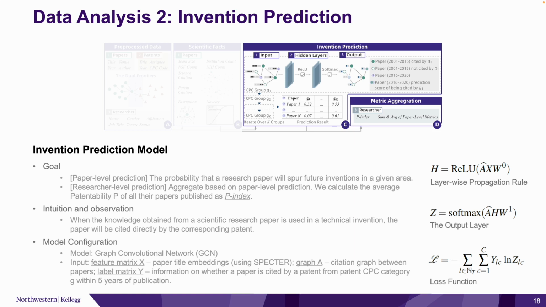Based on paper-level prediction, we are able to calculate the average patentability of all papers a researcher published in recent 5 years. This aggregated value is called the P-index. A higher P-index means this researcher's work has higher potential to be used in technology, and this researcher has high potential to be an inventor.